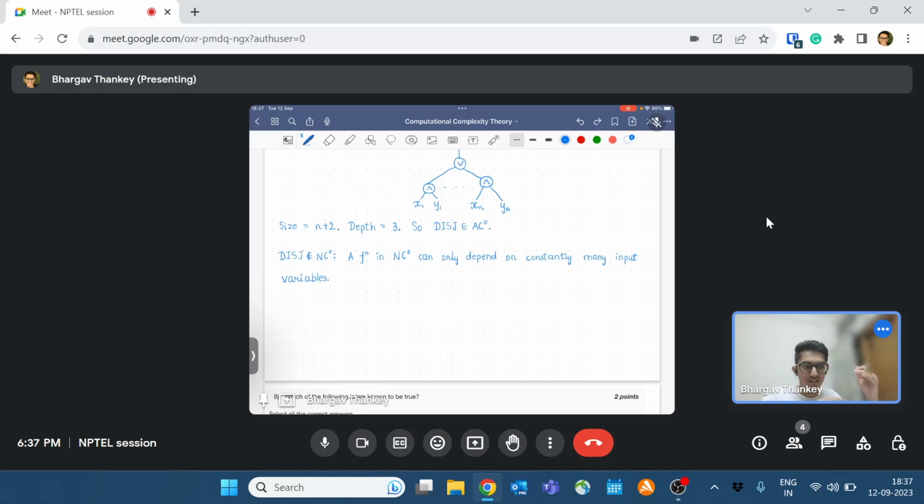It's a directed acyclic graph with constant depth, and every gate can have at most two inputs, right? So how many inputs can this circuit take?